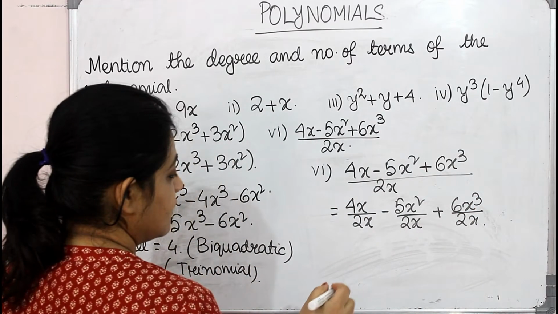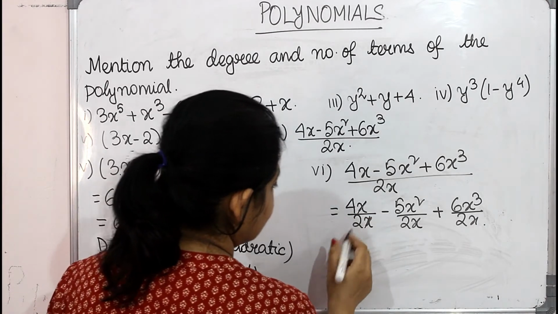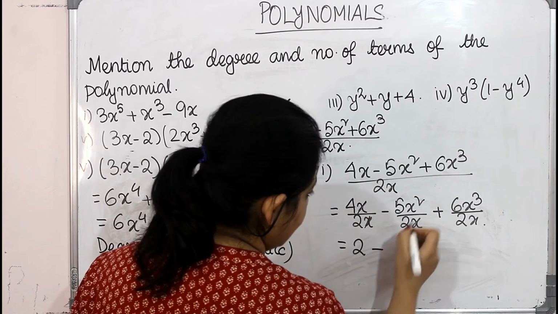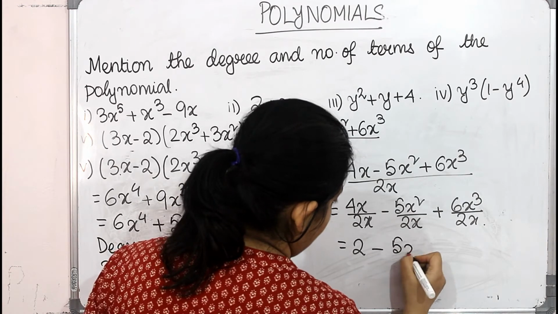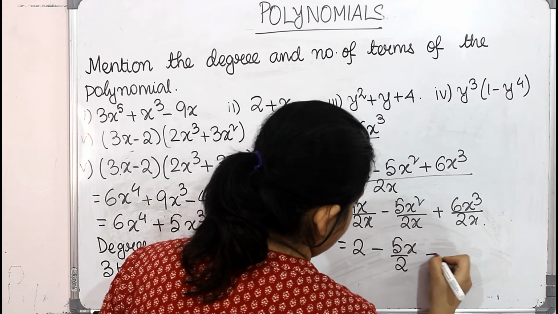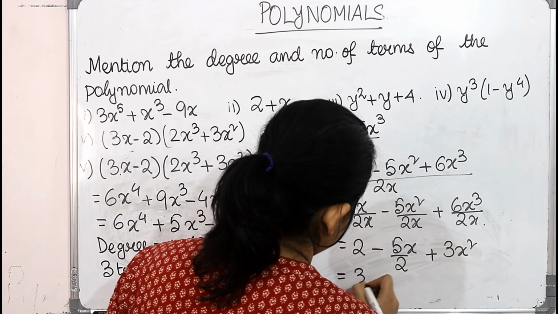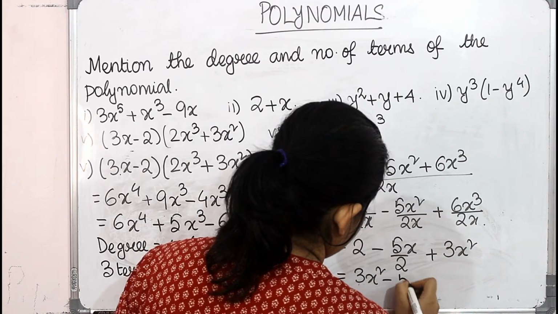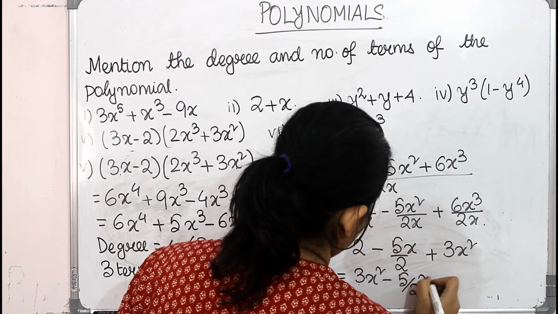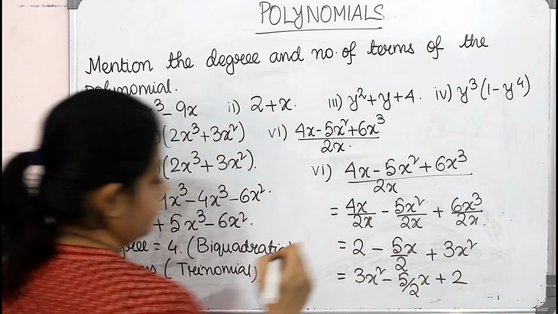Just simplify this, x will get cancelled. So this will be 2 minus 5x by 2 plus 3x². So this can be written as 3x² minus 5 by 2 into x plus 2.